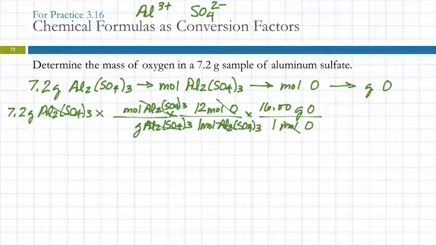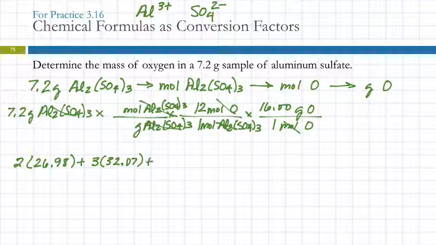And then we have to calculate a molar mass. We calculate molar masses a lot. Okay, so we have 2 aluminums, 2 times 26.98. And we have 3 sulfurs, 32.07, and 12 oxygens.